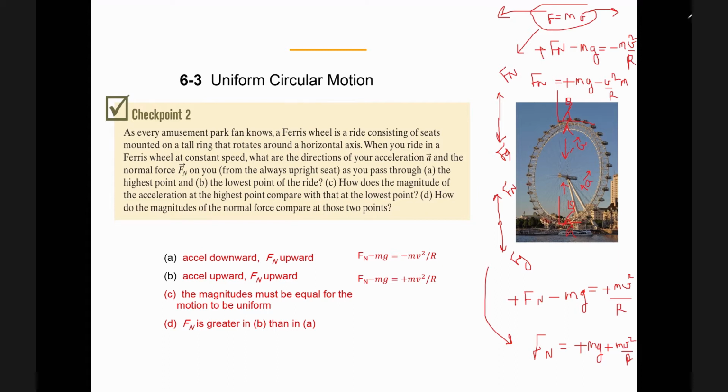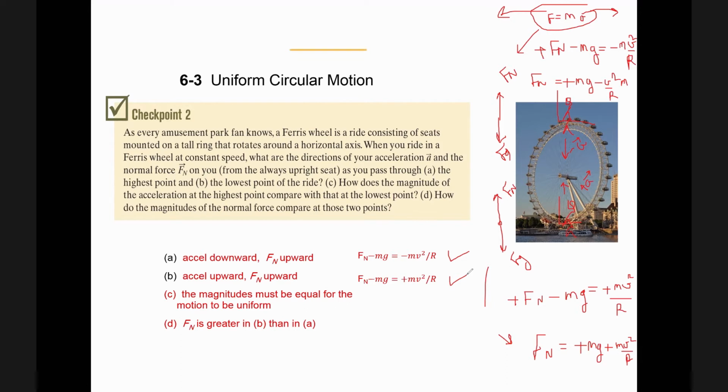And let's answer this. He said, tell me the equation of the normal force in the upward or in the downward situation. We solve them.